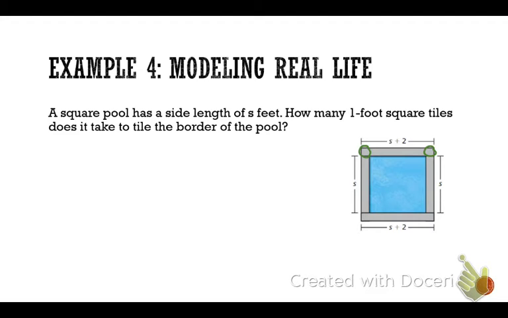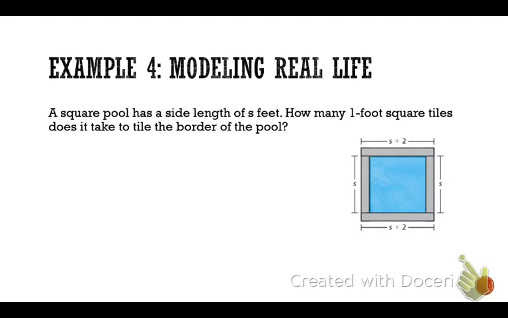It's the same side length here, but they're adding 2 because there's 1 on each end. Does that make sense? So that's where the S +2 comes from. How many sides are S +2? 2.